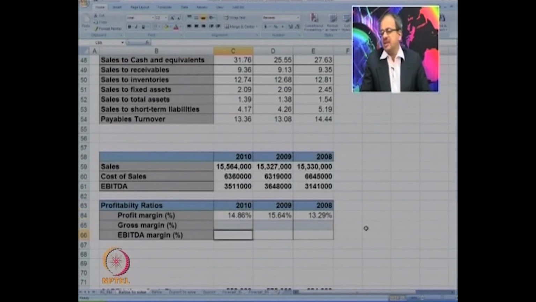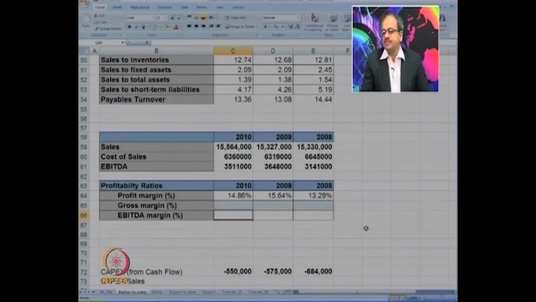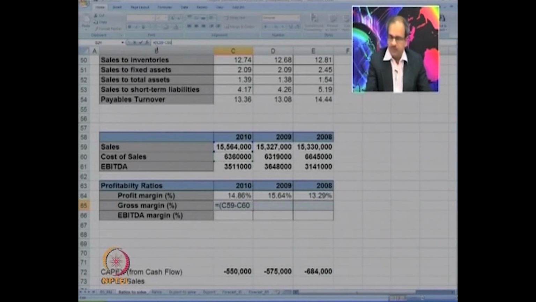Now, the gross margin. How do you calculate gross margin? For gross margin, we try to relate the gross profit to sales. And how to calculate gross profit? It is essentially sales minus cost of sales. So, we have the sales figure here minus cost of sales. We will put it in bracket, divided by sales.